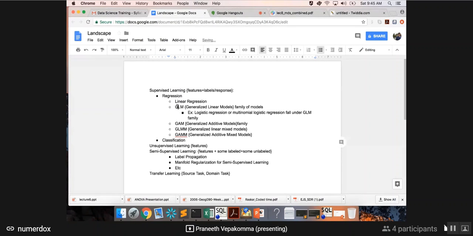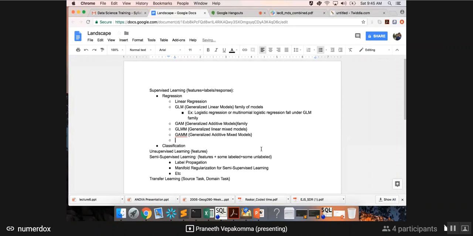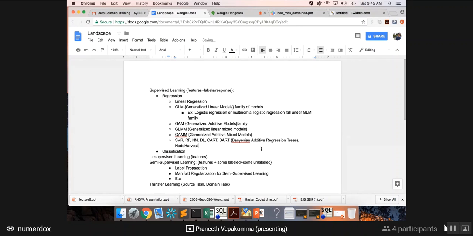Okay, so many techniques within each family itself. And then you have SVR, random forest, NN, deep learning, regression trees, CART. We have BART, which is Bayesian additive regression trees, node harvest, different tree-based techniques.